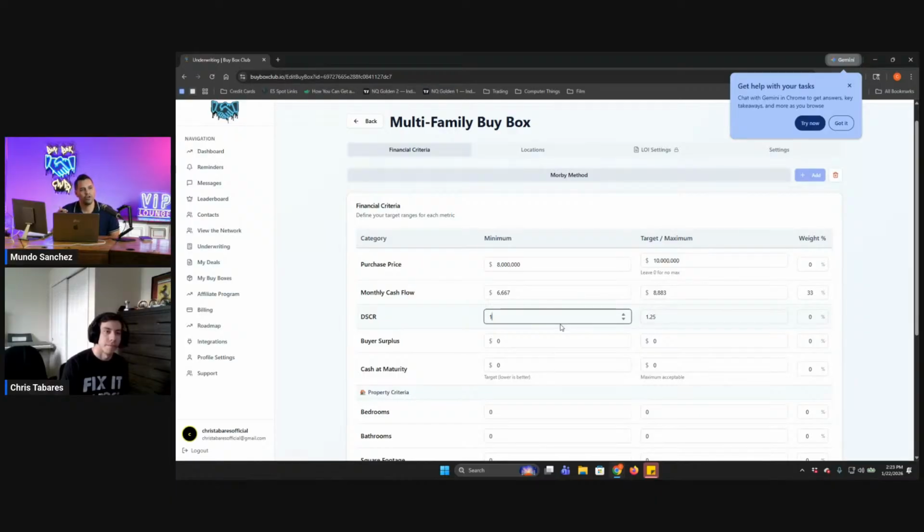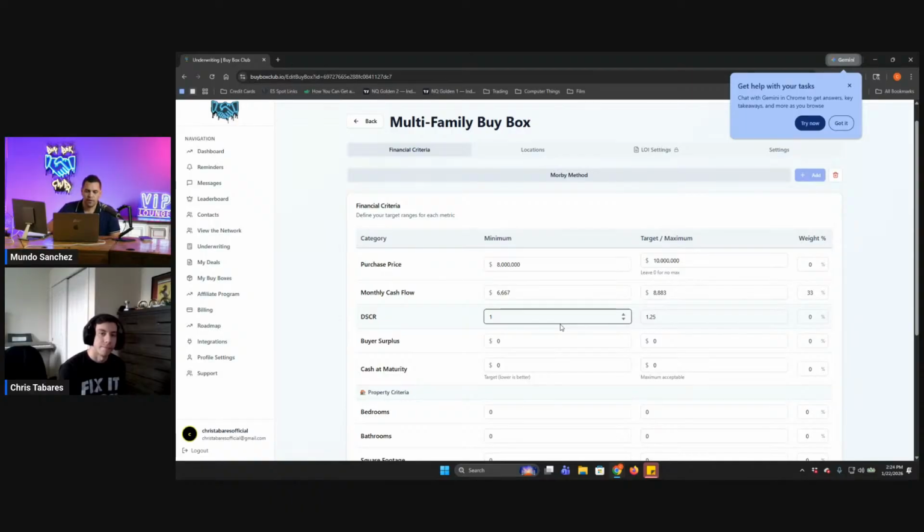This is a good point. The more aggressive you are, or the harder you make the target to achieve, the lower the score, meaning the tighter your underwriting parameters are going to be. If I have DSCR as my target being 1.25, that would be kind of like the minimum for a good quality deal.